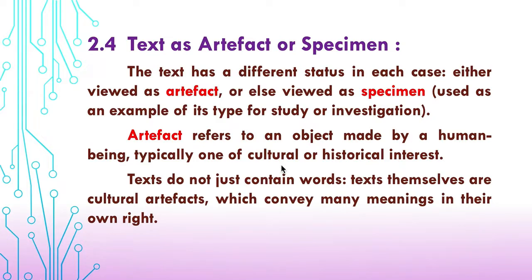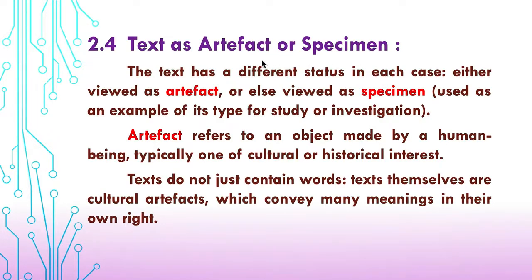Now here we are talking about a specimen. Here it means an example of its kind. A specimen means a very good example of its own type, its own kind. We have a lot of things, but out of a lot of things we want to study this particular type, this particular instance, and that type may become the specimen, the example of its own.